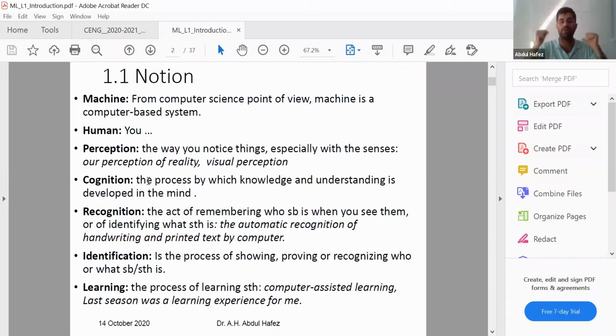I have already seen something, but now I am seeing it again. Seeing it again, noticing it, observing it, perceiving it generally, maybe by eyes it is seeing, by ears it is hearing, by tongue it is tasting, etc.